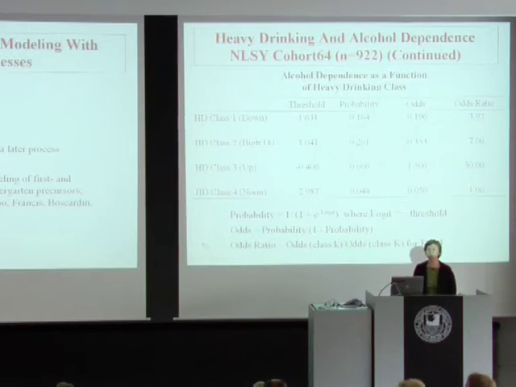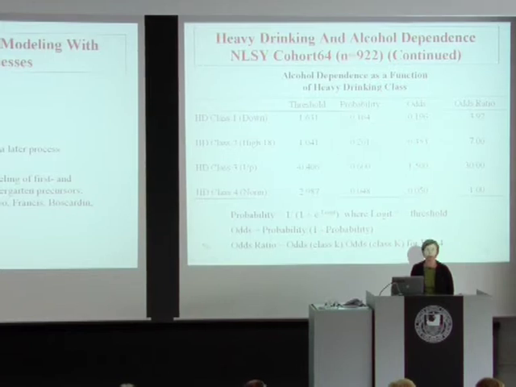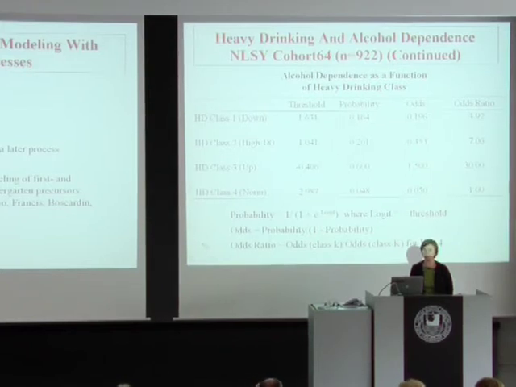So we know there's a failing class, and we want to know how early between the beginning of kindergarten and the end of the second grade we can detect who these kids are, and therefore make an intervention before they become so badly behind that they can never catch up.